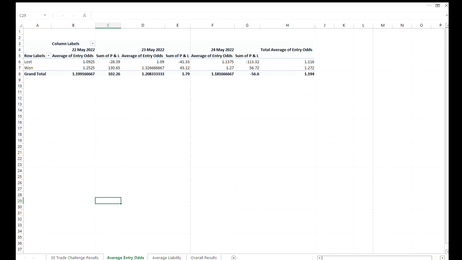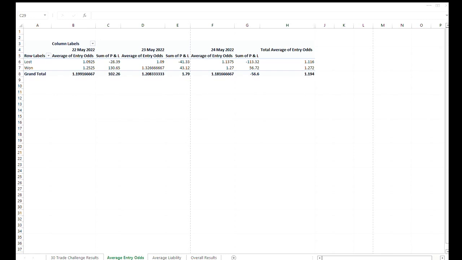If you want me to put a link in the description to how I made one of these, then let me know, because I think just doing the challenge and then analysing the results has been really, really useful for me. Anyways, I'm going to move on because my analysis continues.